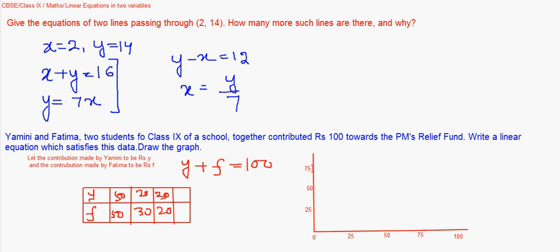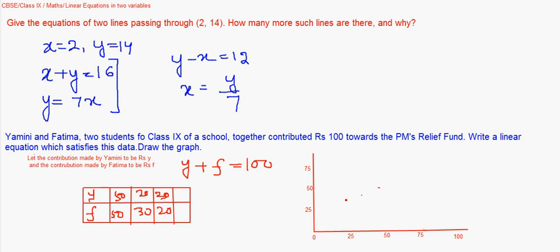We plot 50 and 50 somewhere here. This is a rough sketch, I'm just showing. Then 20, 30 will be somewhere here, and 30, 20 will be here. Once you join them, it will be a straight line graph, which I'm not drawing.